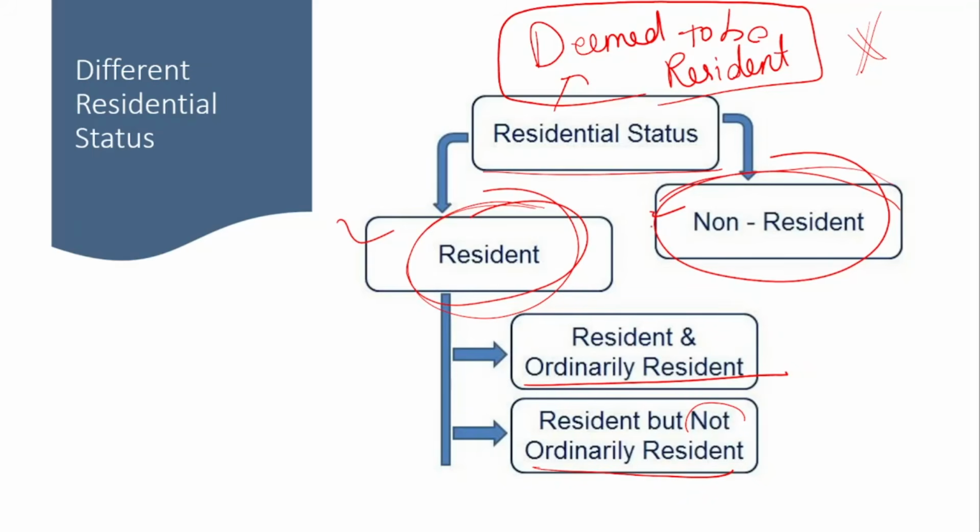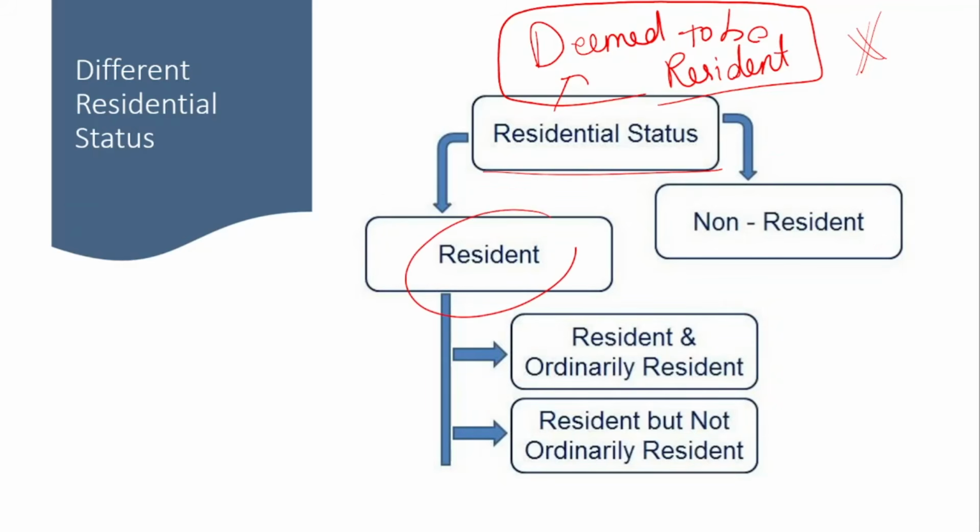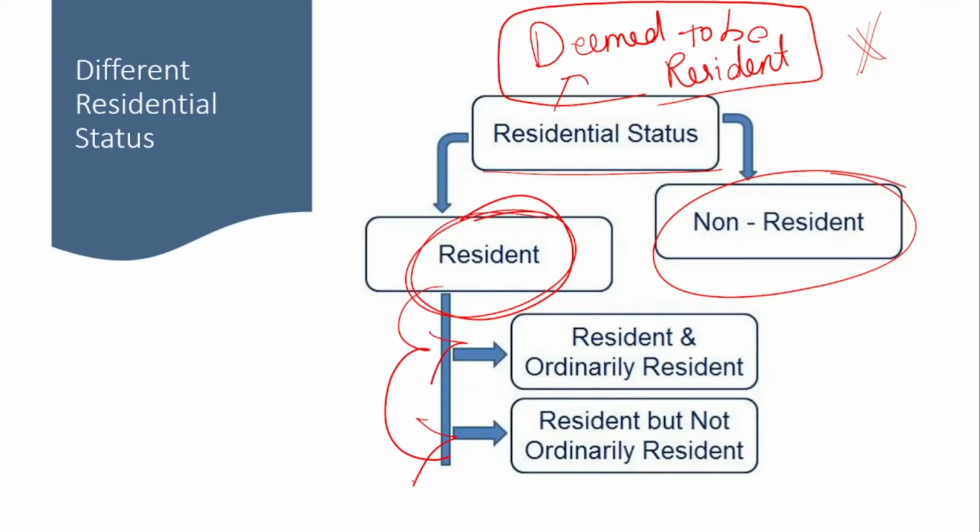Non-resident is different, not ordinary resident is different. First we have to find out whether the person is resident or non-resident. If he is a resident, then we have to find out whether he is an ordinary resident or not ordinary resident.